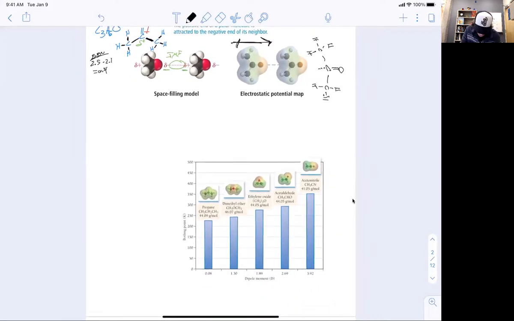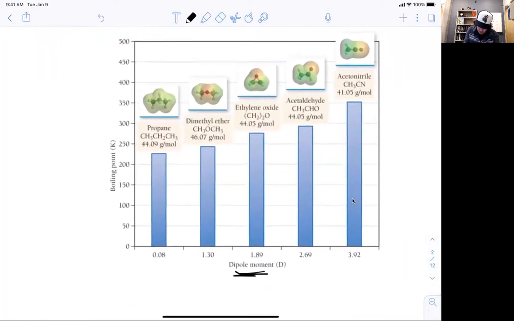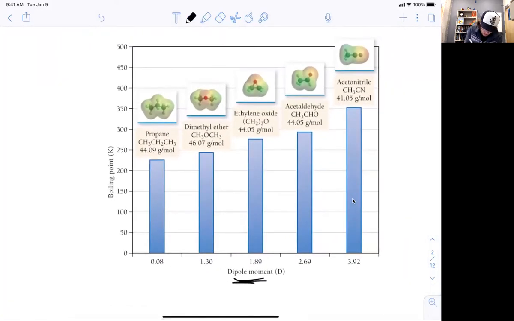So here's some examples of what I was just talking about. We've got dipole moment on the x-axis. Propane is nonpolar. It doesn't have any polar bonds. Dimethyl ether is a little bit polar, and we see the dipole moment is much bigger. And then you get bigger and bigger for these five molecules.